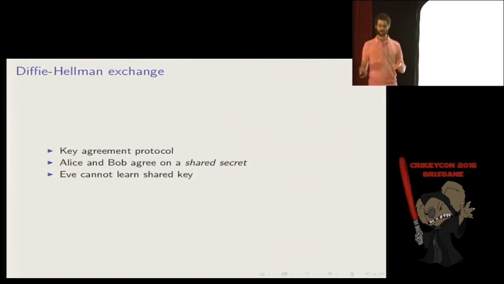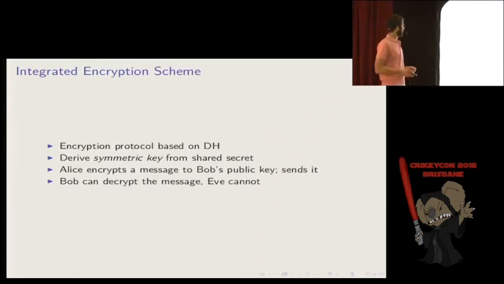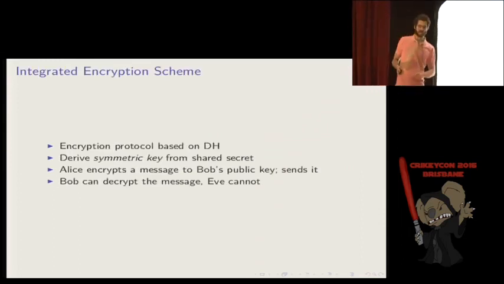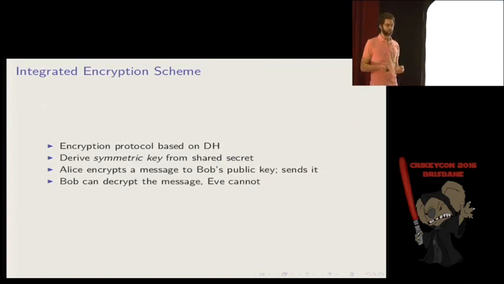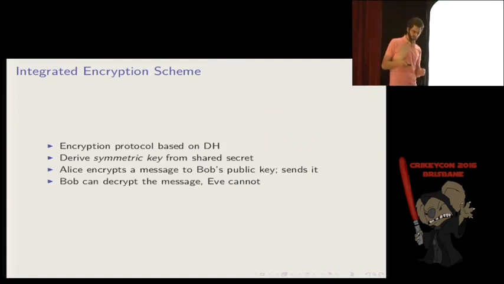So Alice and Bob can agree on the secret. These are just the names that we commonly use in cryptography: Alice and Bob for two parties and Eve for an eavesdropper. Integrated encryption scheme is an encryption protocol or algorithm based on Diffie-Hellman. It's kind of similar to ElGamal, but in ElGamal you map a key into an element of a group, and that mapping is reversible.